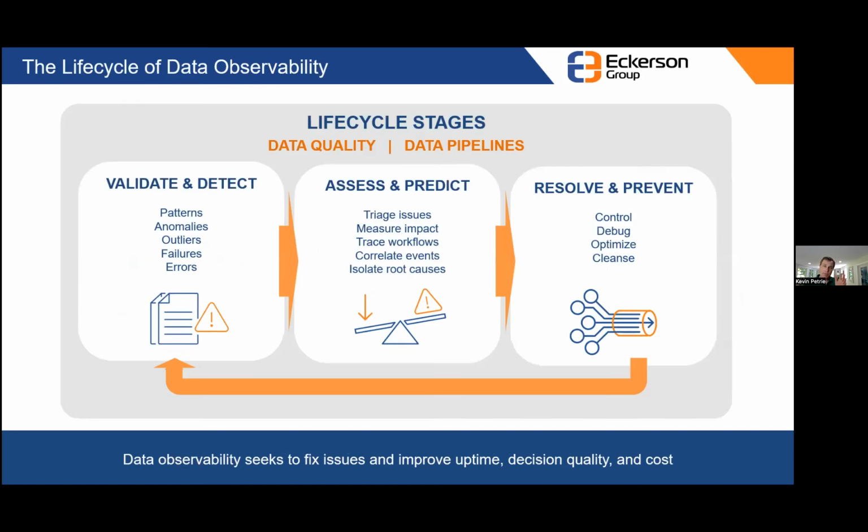Okay, so I want to talk briefly before getting into use cases about the life cycle of data observability. I view this as having three essential phases, and what we show here applies equally to the notion of data quality and data pipeline performance. The first phase is validating and detecting.